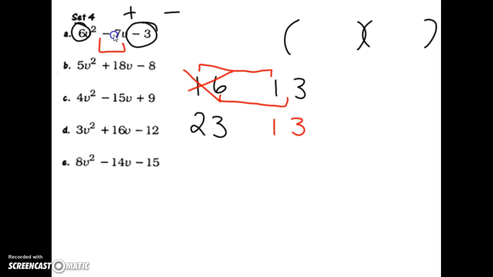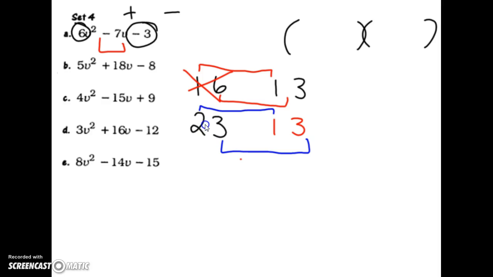I need to get 7 in the middle, and since it's negative, the two have to be 7 apart. Oh gosh, hey, do you see it? What if I did 3 times 3? That would give me 9. 2 times 1, that would give me 2. 9 minus 2 is 7. All right, good.